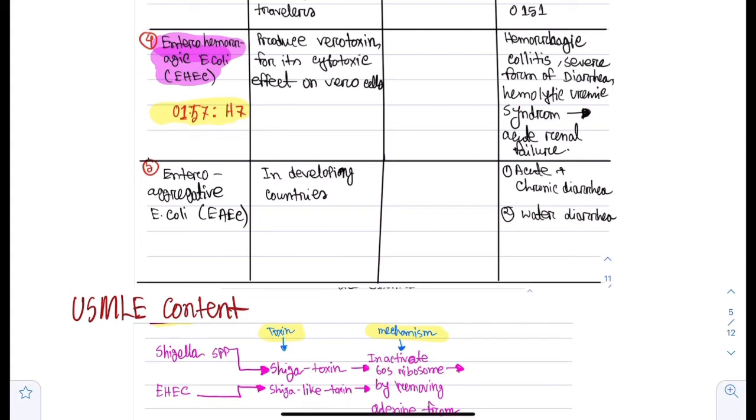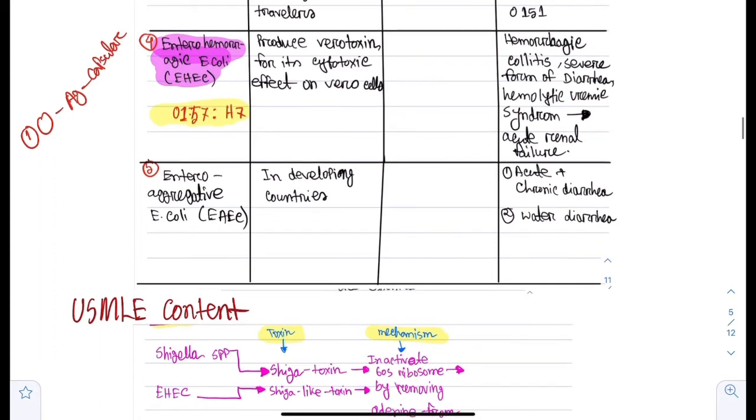many people ask, what do this O and H mean? These are actually the antigen types. If you studied in the first year of medical school, in the bacterial cell we have types of antigen. So this is the O antigen, which I described as the capsular antigen.